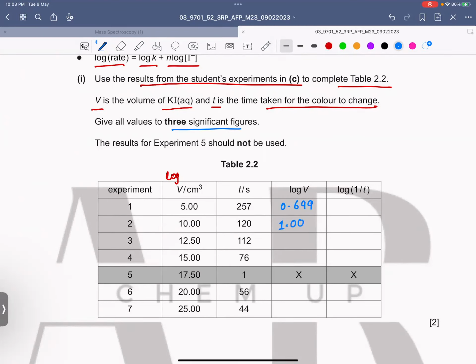Then 1.097, so it must be 1.10 as 3 significant figures.